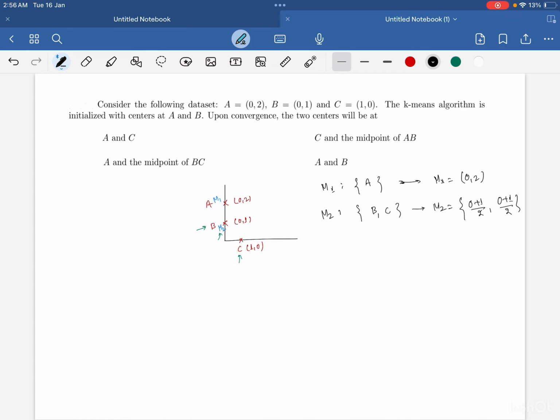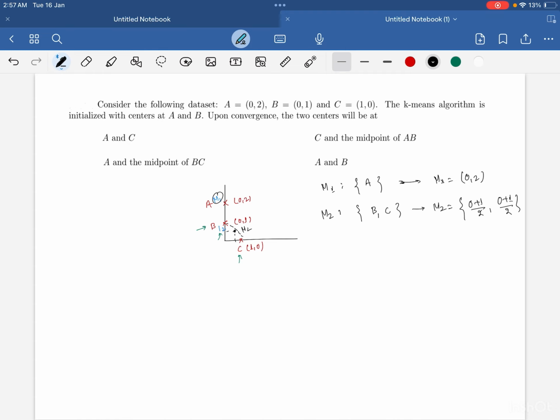So now mu 2 will be somewhere here at this midpoint, at half and half, right? Now mu 2 is here and mu 1 is here.